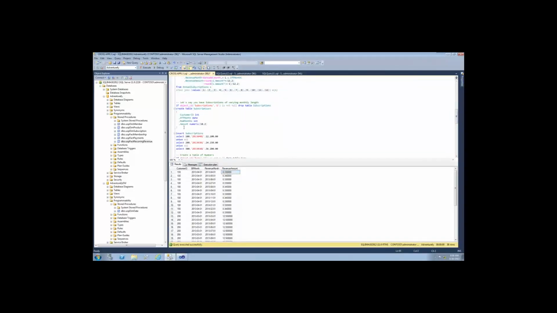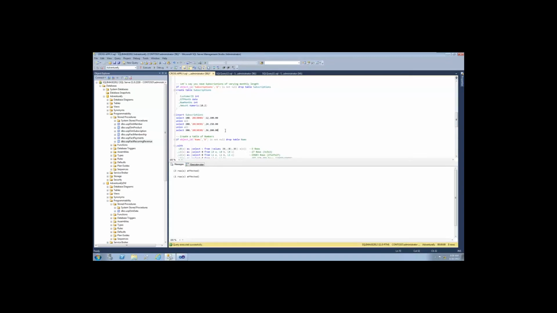Subscription. So let's say you have subscriptions of varying lengths. We're going to create a new subscriptions table, insert some data, and I'll show you what that looks like.